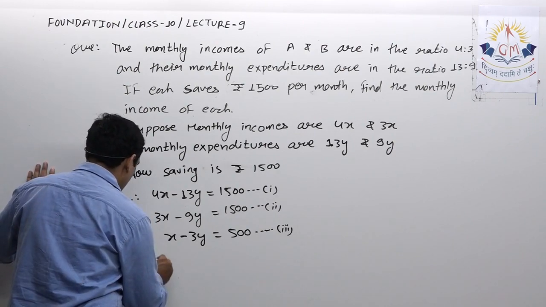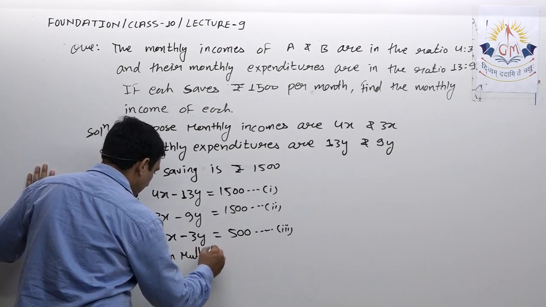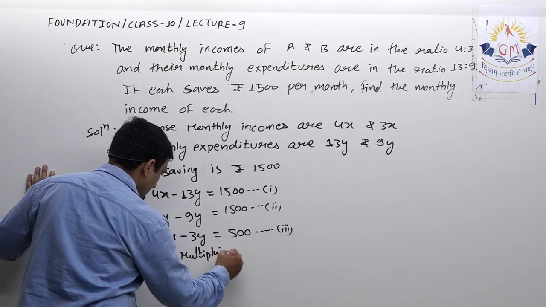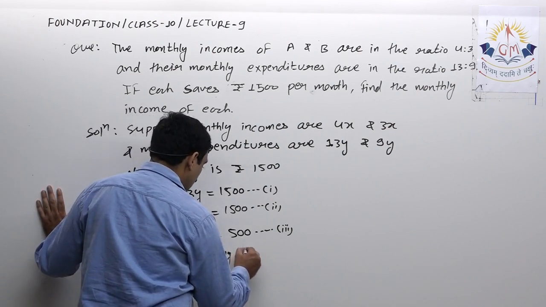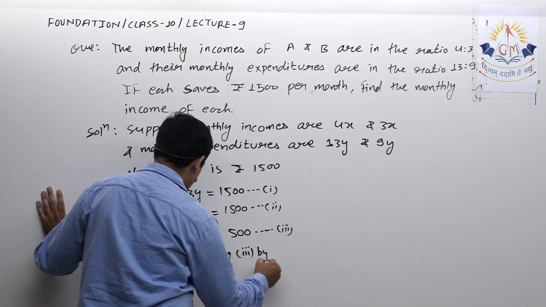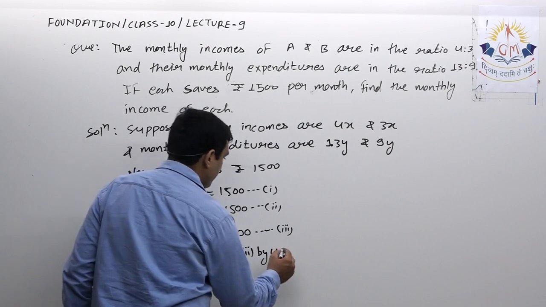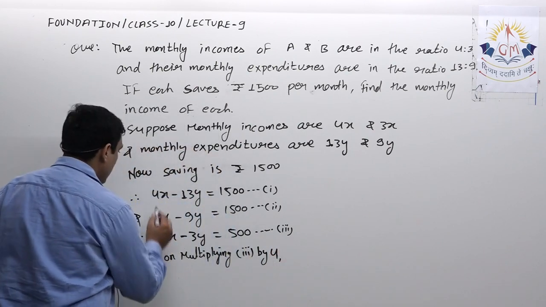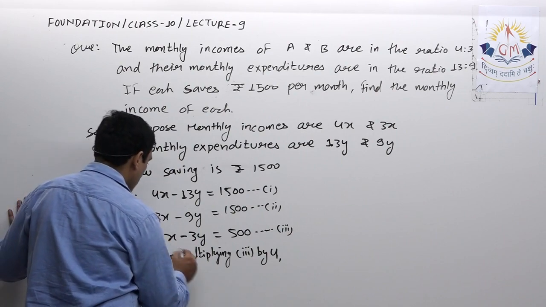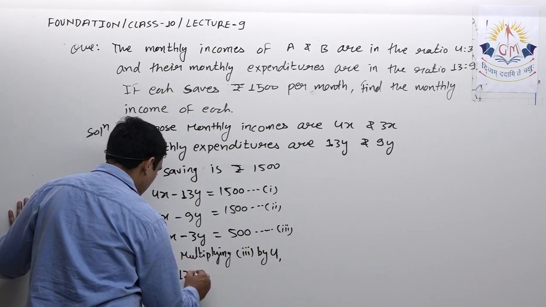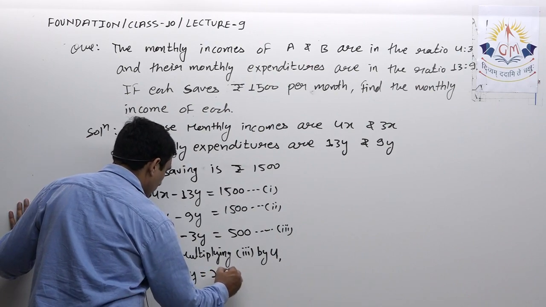On multiplying third by 4, we get 4x minus 12y is equal to 2000.